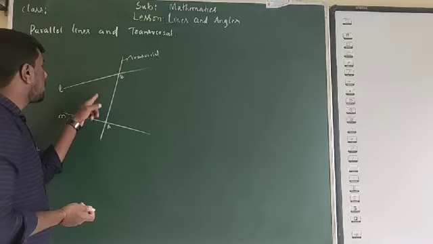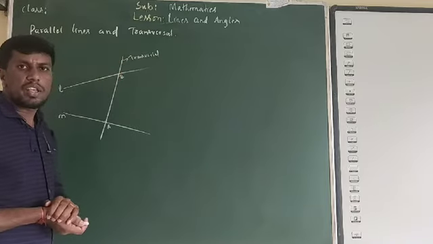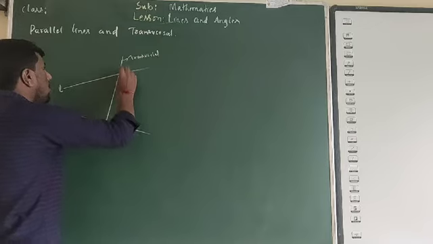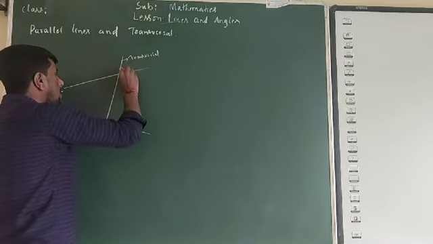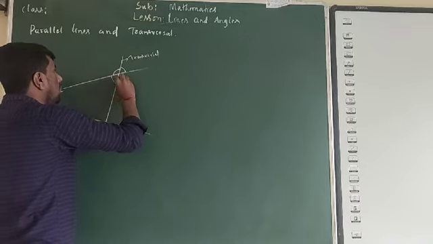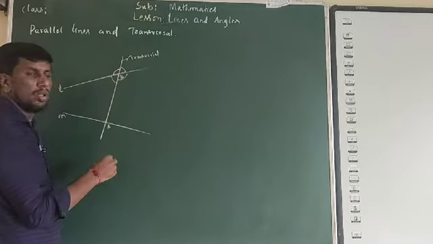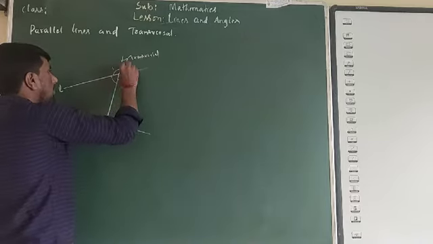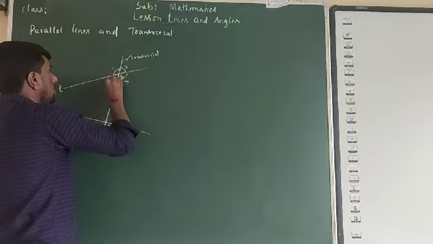If I intersect these two lines, how many angles originate here? 1, 2, 3, 4. Four angles. Let me denote them as 1, 2, 3, 4.